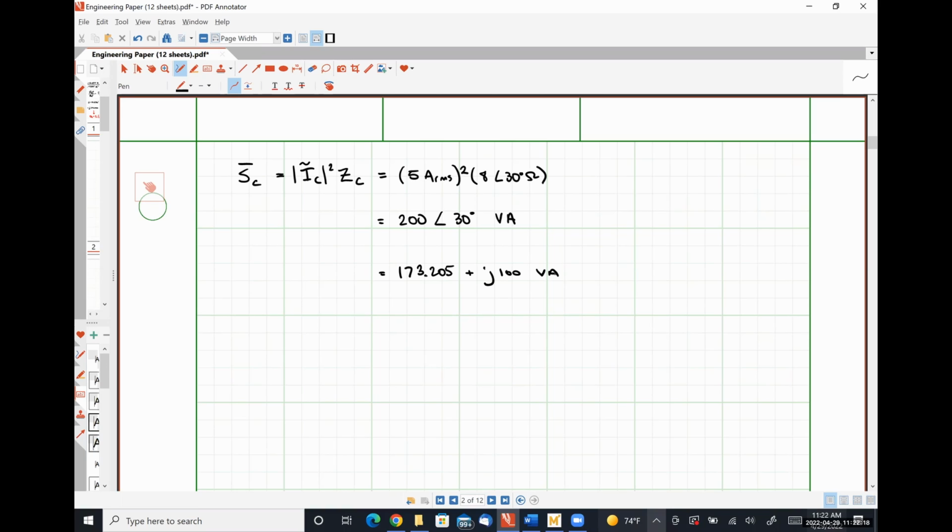Say it, yeah. The 200, exactly right. So the magnitude of the complex power, this portion right here, tells us that the magnitude of SC is 200 volt amperes. Exactly what we were looking for, and exactly what Noah suggested like 3 minutes ago.